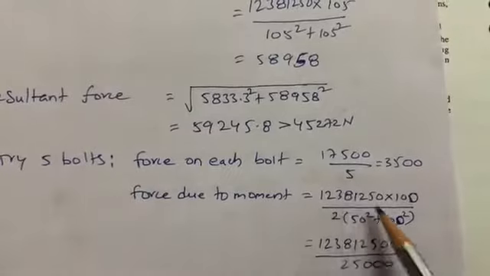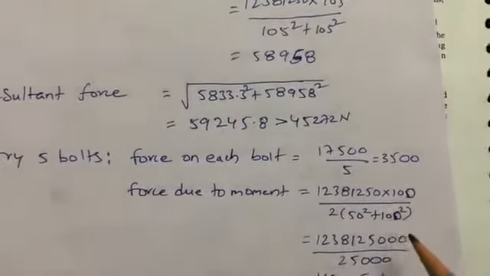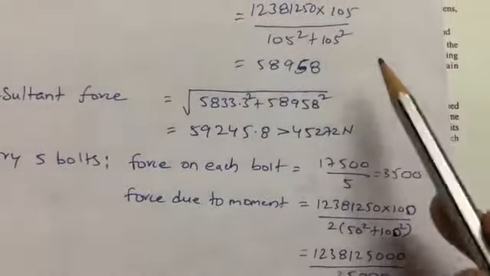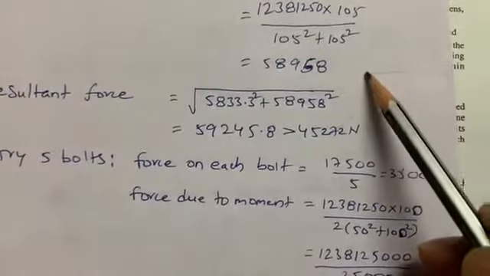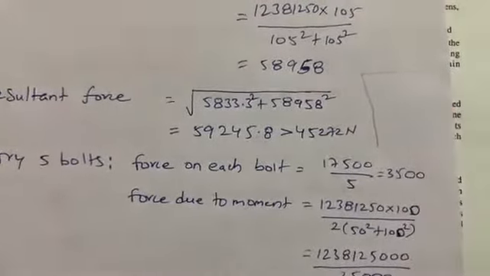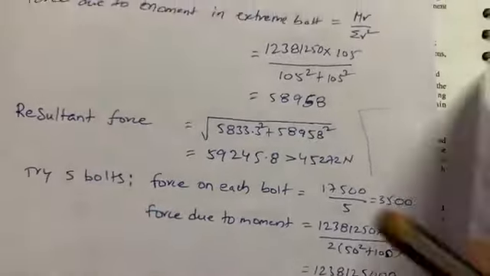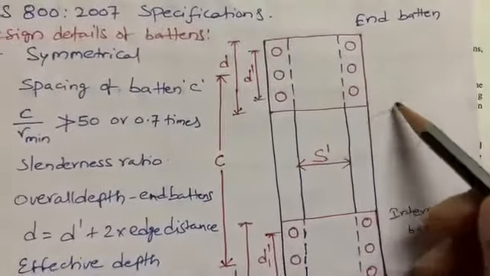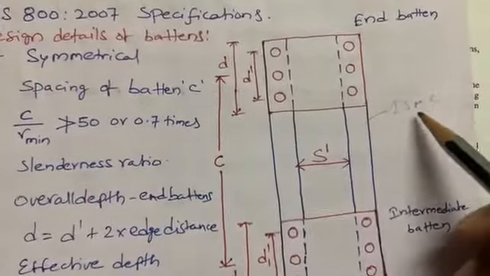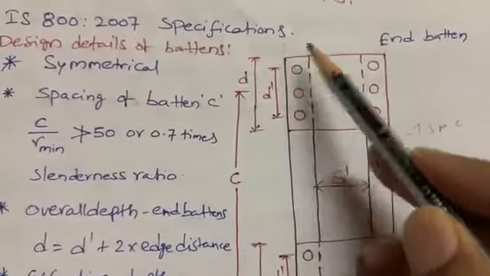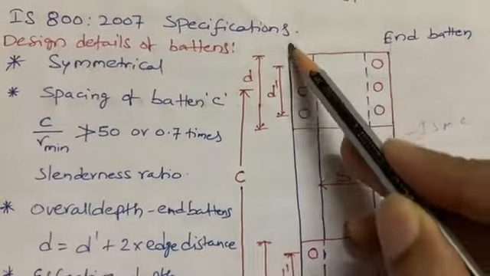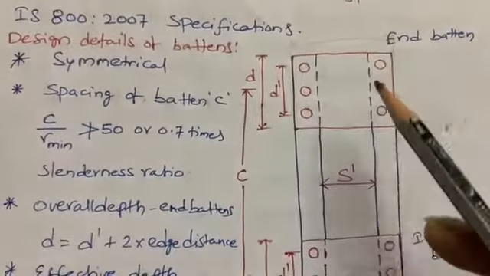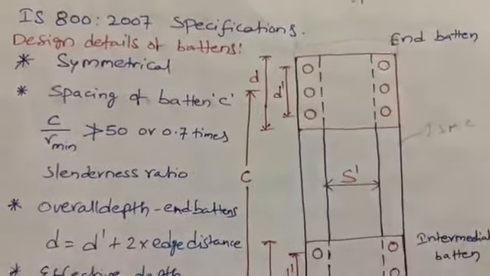So here, moment into 100, the plate distance is actually like this. I mean the arrangement of these plates is like this. I will show you. Suppose this is our ISMC channel, here the plate distance is like this.